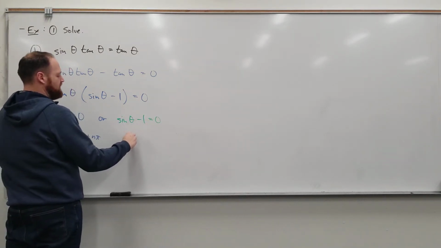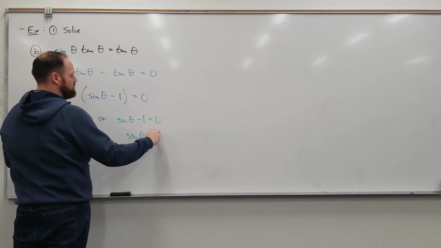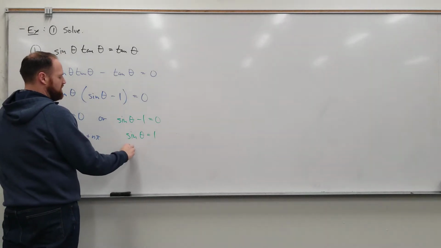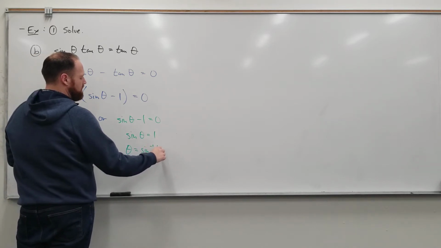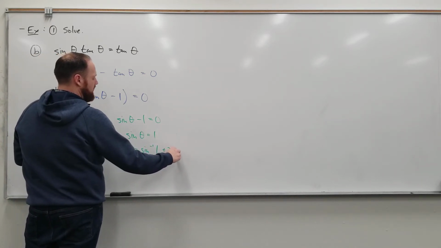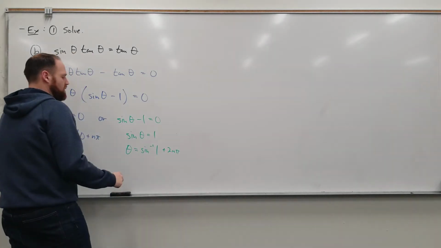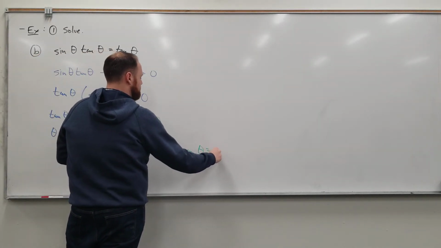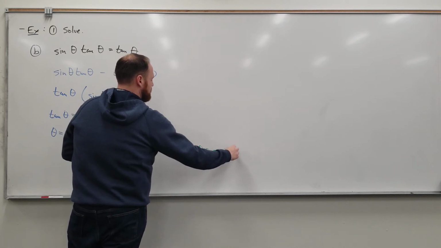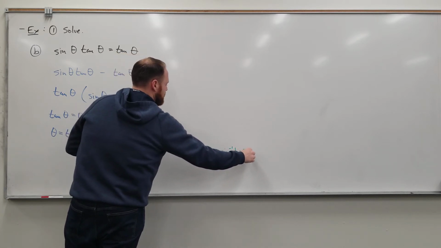That would mean that sine theta equals 1. That would mean that theta equals sine inverse of 1 plus 2n pi, or theta equals pi minus sine inverse of 1 plus 2n pi.